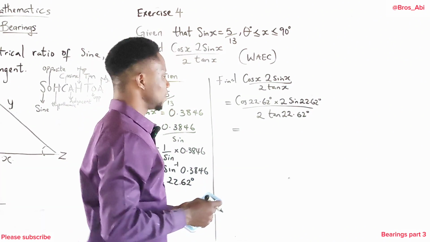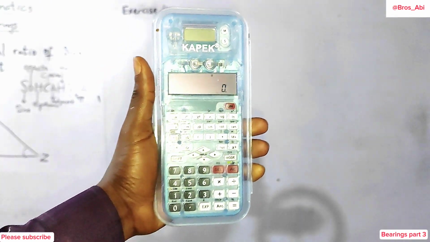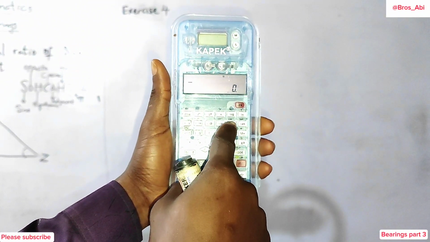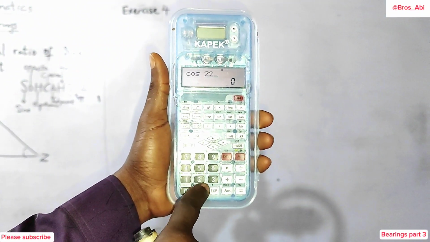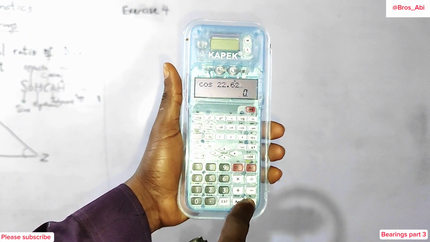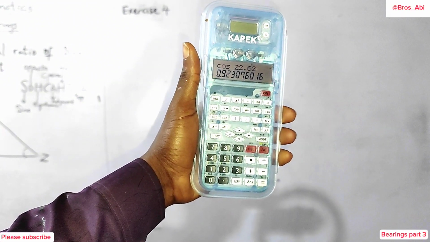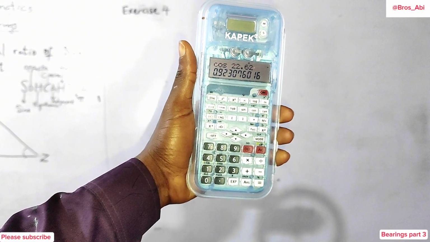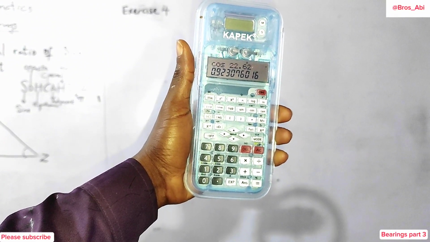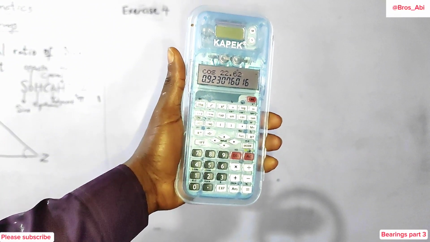Let's take it one after the other. Now cos 22.62 equals 0.9231. We rounded up that 7 to be 1 and added to 0.